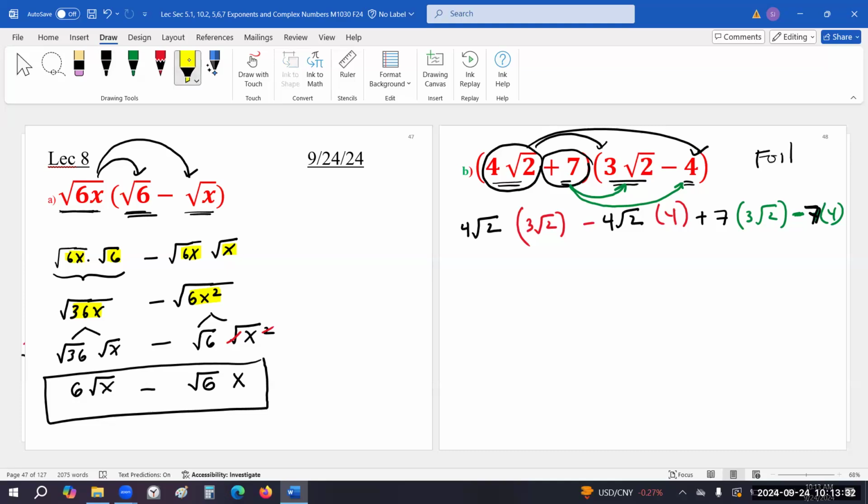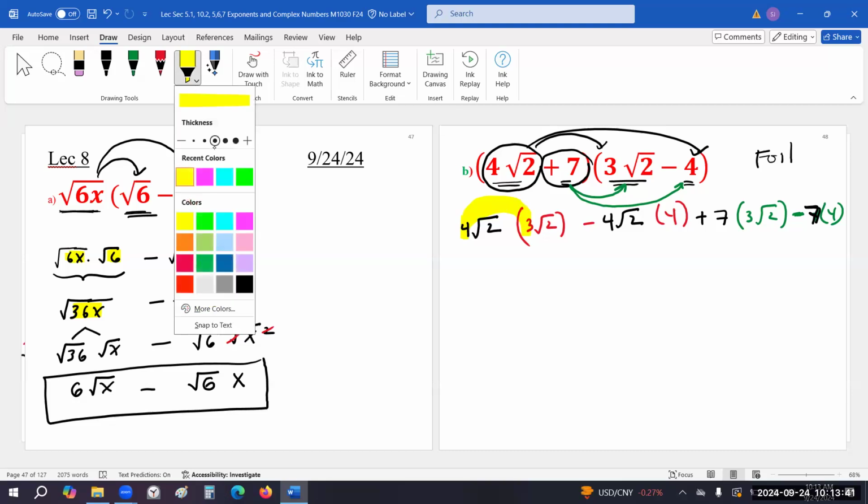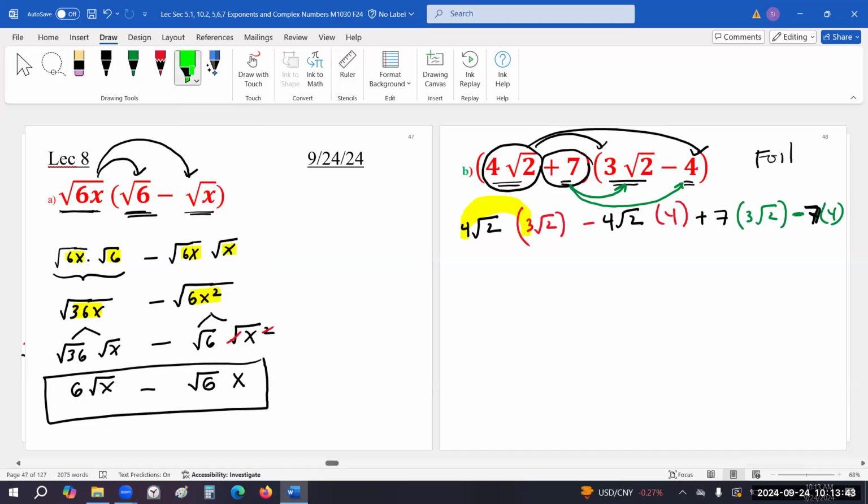And now the multiplication rule says when you multiply, we multiply the whole number with the whole number, and we multiply the inside number with the inside number, or if you have the same thing twice, just use the square power. So we have 4 times 3, which is 12, and we see the same square root of 2 twice.